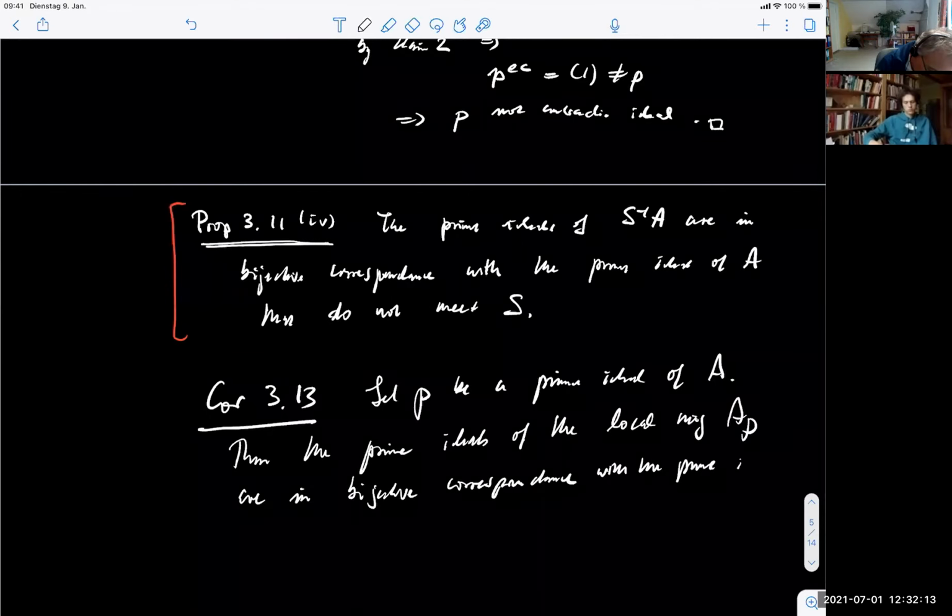Prime ideals of A. And what is the property? Now I ask you, what will it be? Let's see whether you are confused or not.